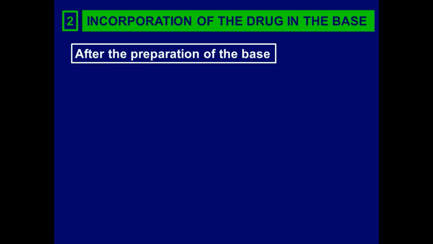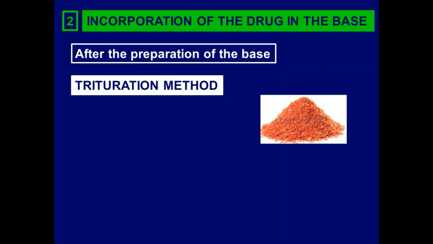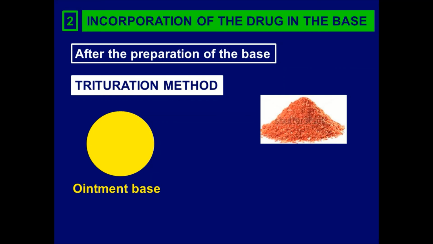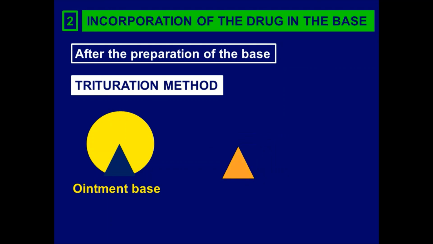We may be asked to add the drug to the base when the drug is finely powdered, so you can add it after preparation of the base using trituration method. Just take a part of the prepared ointment base, non-medicated ointment base, and then triturate the drug with it. We can use trituration because here we are talking about a drug with fine powder structure.